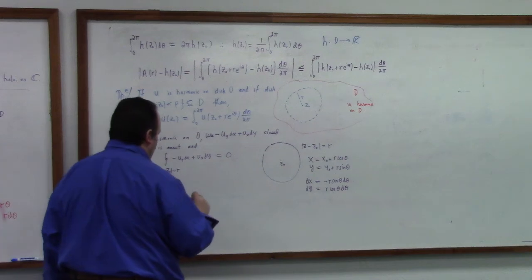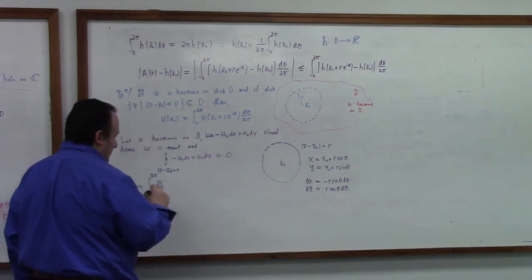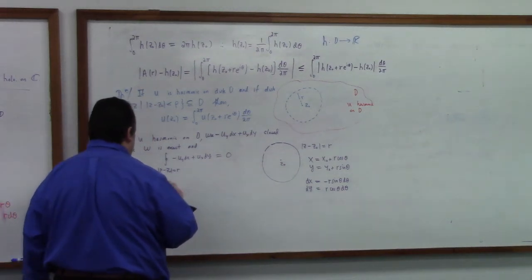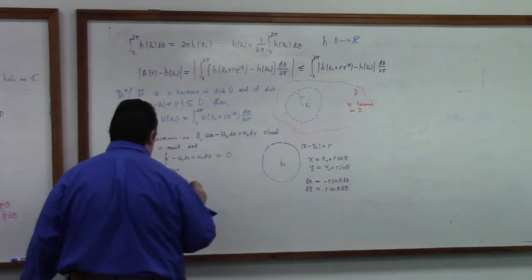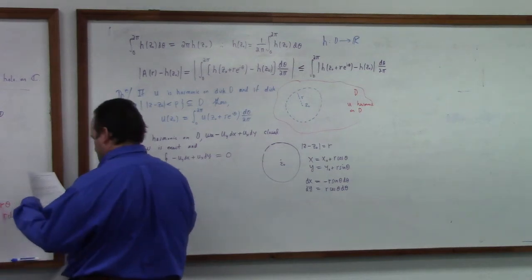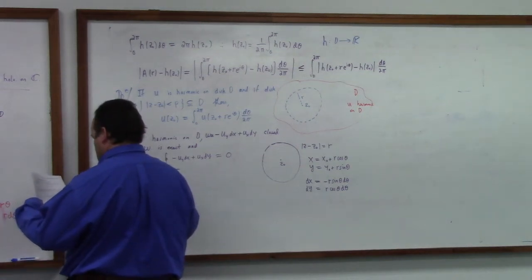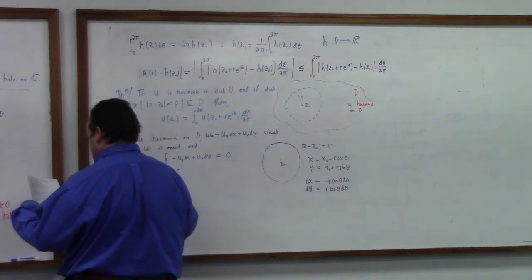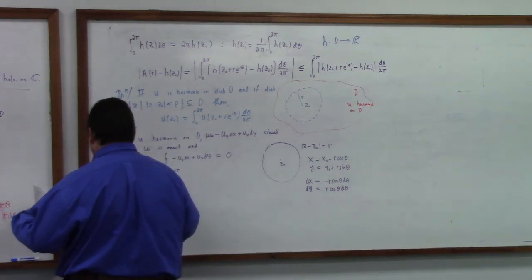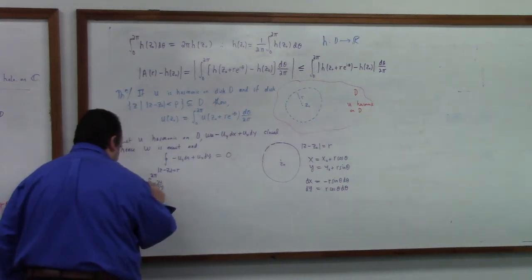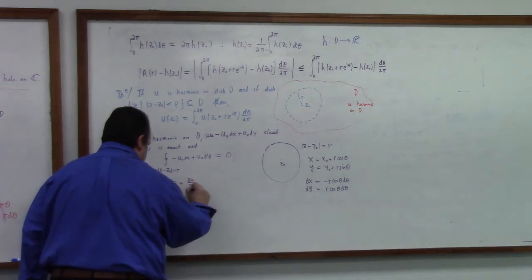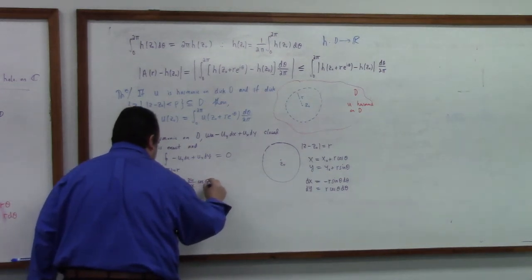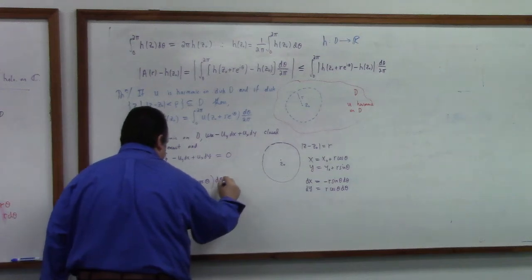And so what we got here is dx is minus r sine theta. So I pull an r out up front. And so what you've got is partial u, partial y sine theta plus partial u, partial x cosine theta, d theta, right?